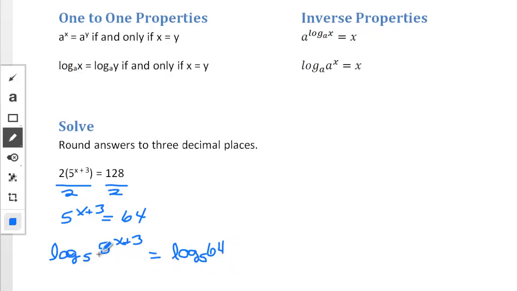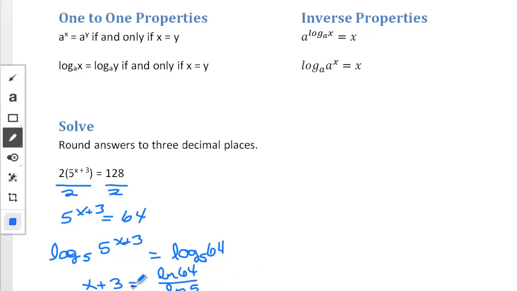So we know the log base 5 of 5 to the x plus 3 will reduce to x plus 3. And we know by our change of base formula that the log base 5 of 64, when we plug it into the calculator, will either be the common log of 64 divided by the common log of 5, or the natural log of 64 divided by the natural log of 5.